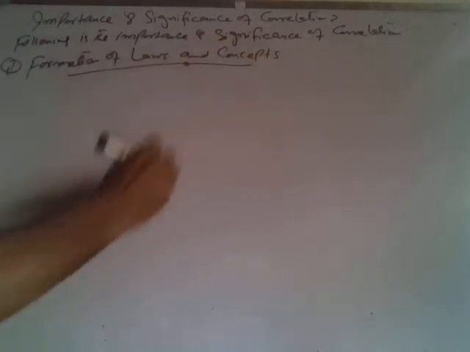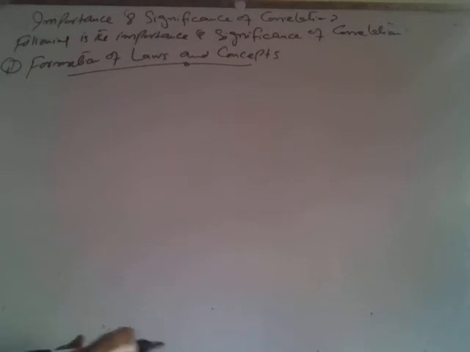So it is correlation which says that there is inverse relationship between price and quantity demanded, or positive relationship between price and quantity supplied. So correlation helps us in formulation of laws and concepts in economics, because correlation is mainly a concept which shows us the relationship between two variables.